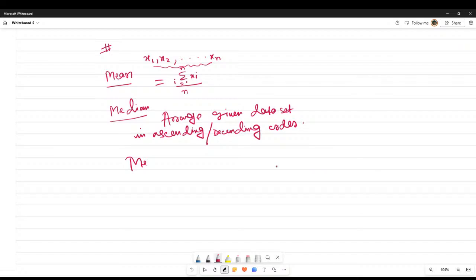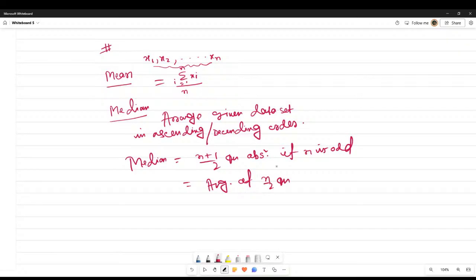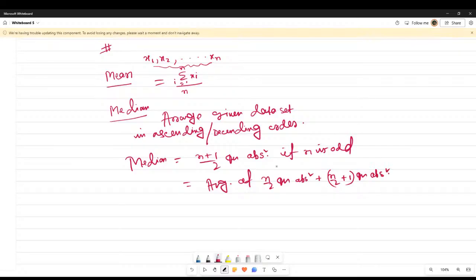Then the median is given by the (n plus 1) by 2th observation if n is odd, and if n is even, the average of the n by 2th observation plus the (n by 2 plus 1)th observation.